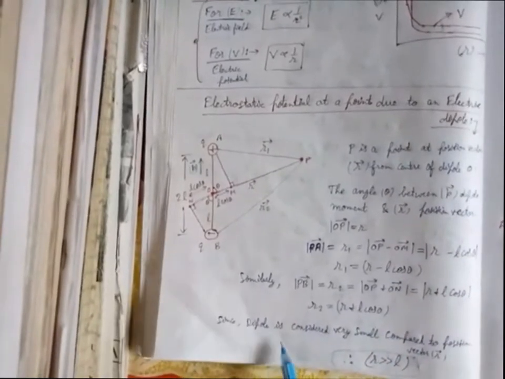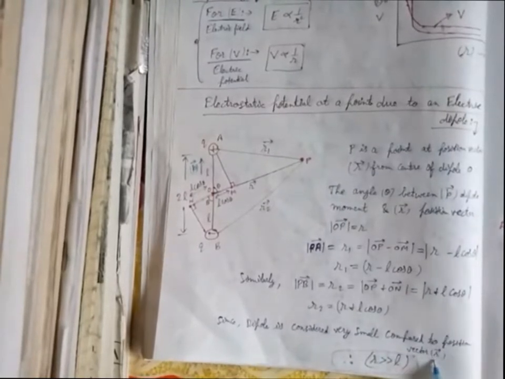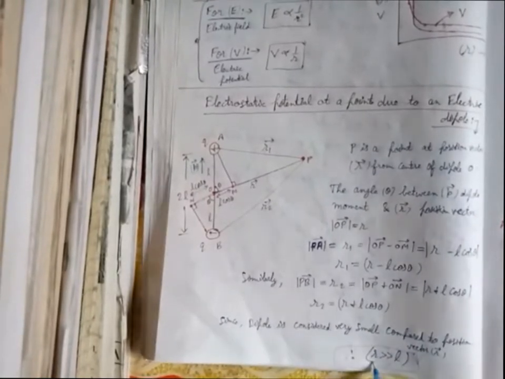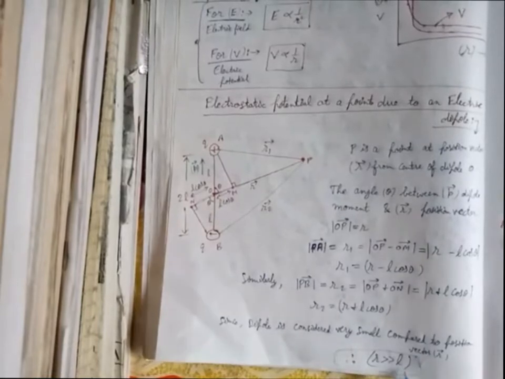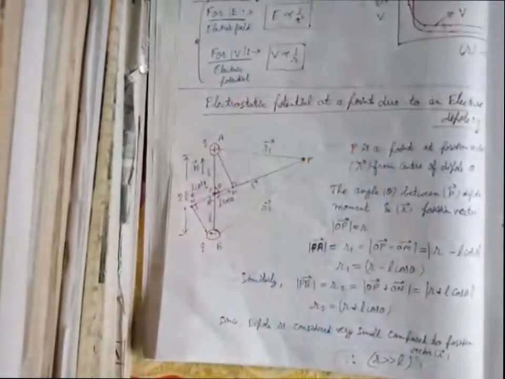Since the dipole is very small compared to the position vector r, r is much larger than l, the length of the dipole.